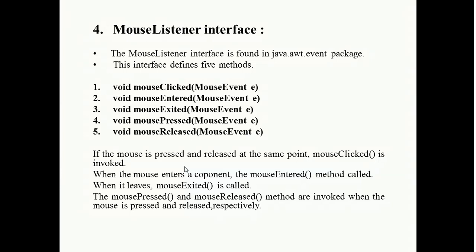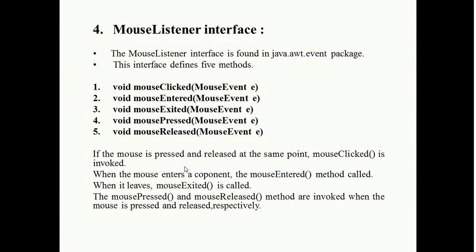When a mouse enters a component, the mouseEntered method is called. Suppose your mouse enters the window, that time the mouseEntered method is called, and when it leaves, that time the mouseExited method is invoked. The mousePressed and mouseReleased methods are invoked when the mouse is pressed and released respectively.